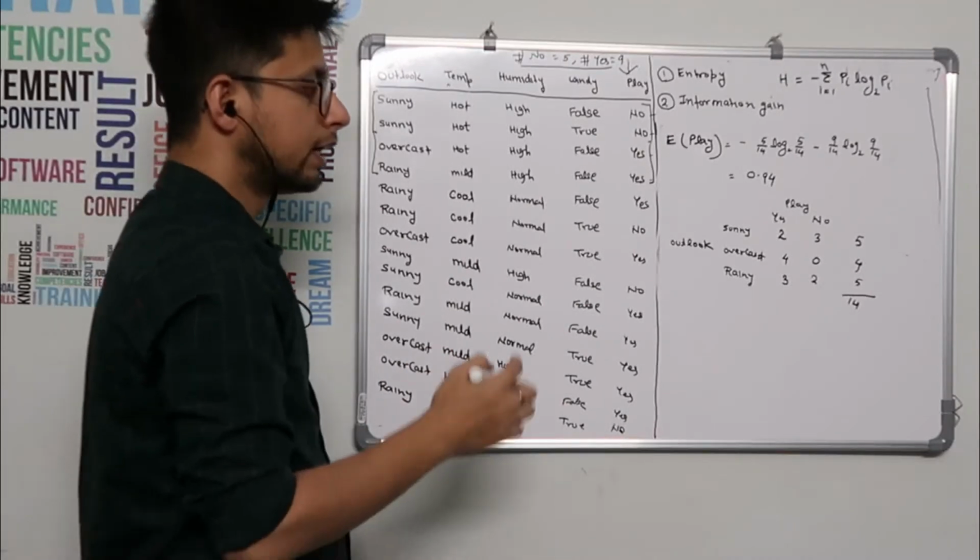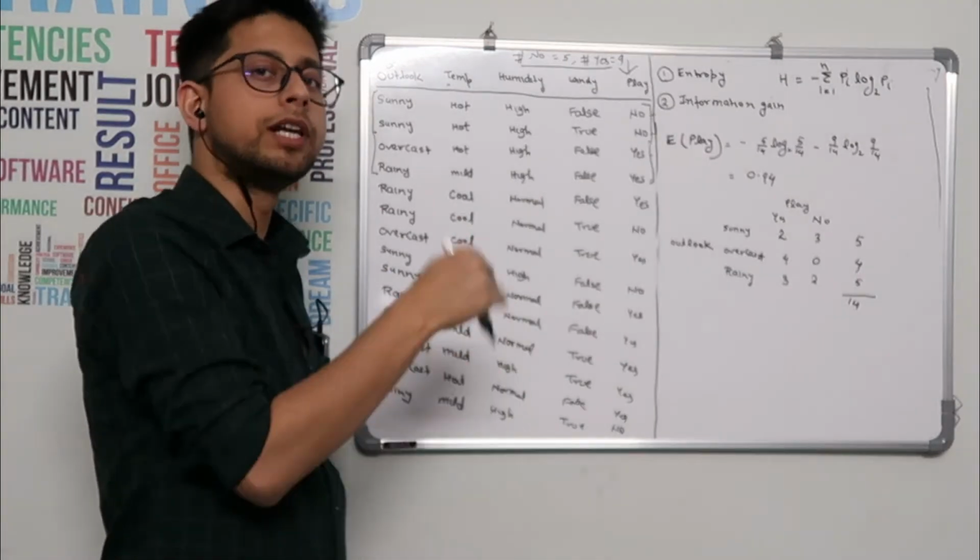Now we will calculate the entropy of the target, that is play, given it is outlook.